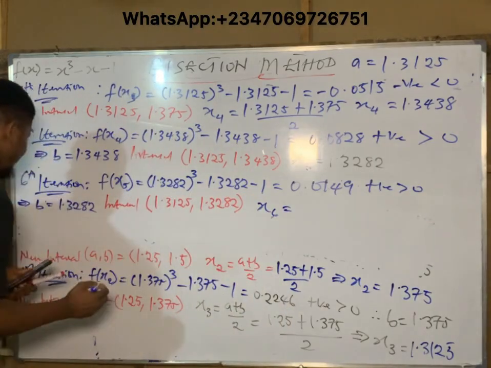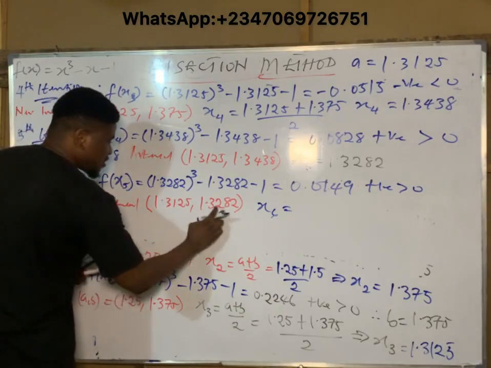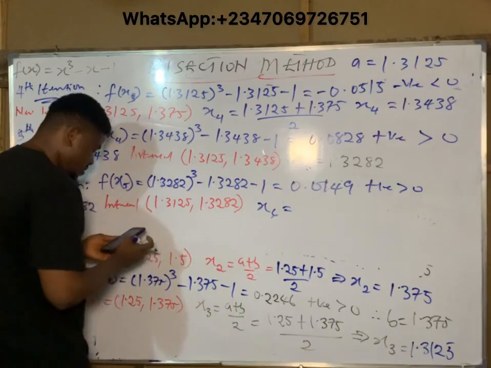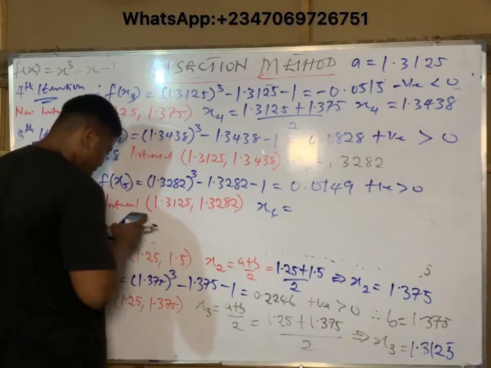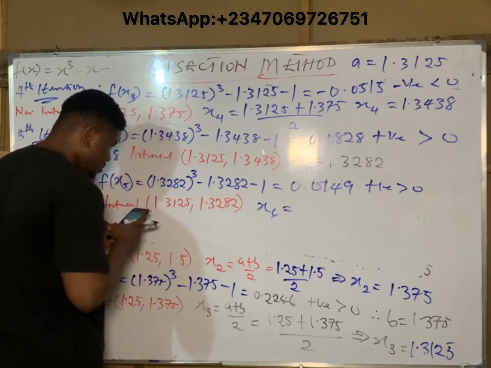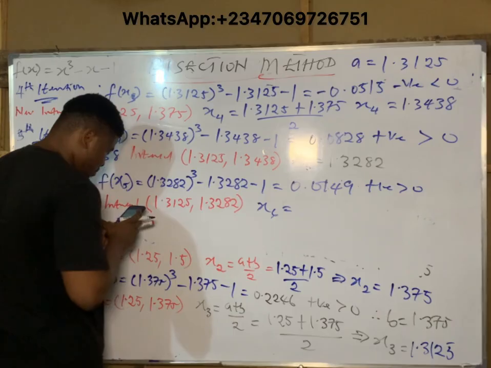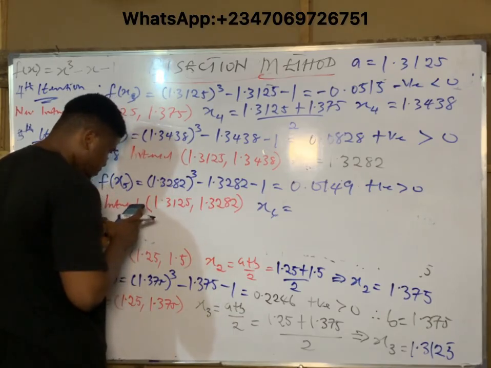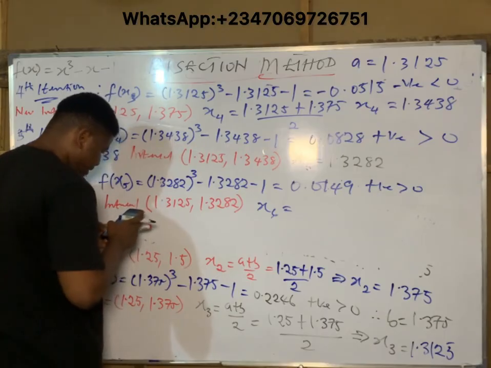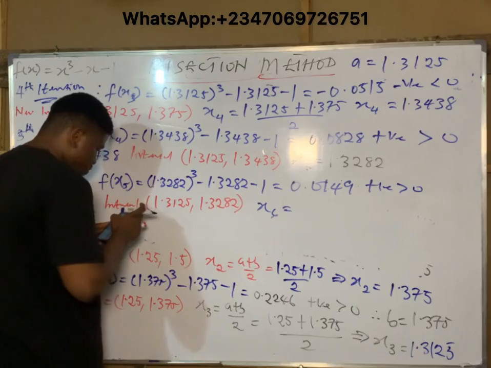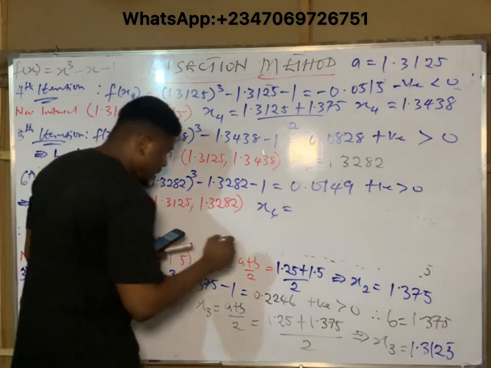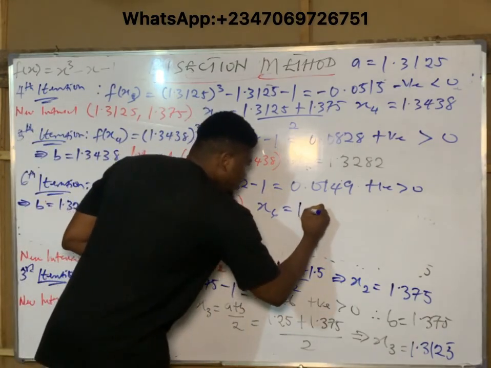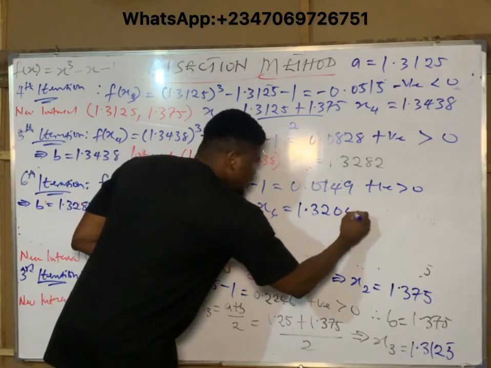So now we find the next iterative value, which is x6. x6 is to sum these two and divide by 2. So let's simply sum 1.3125 plus 1.3282 divided by 2. That gives us 1.3204 approximately. So x6 is 1.3204.